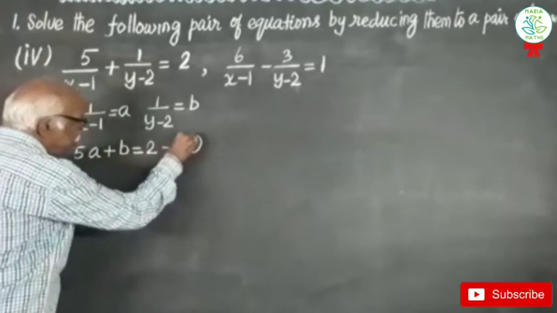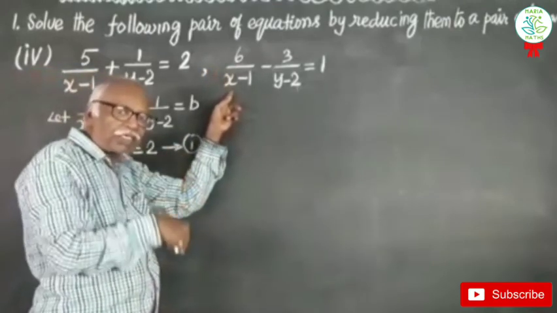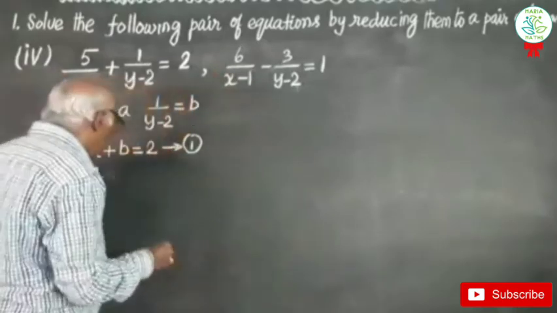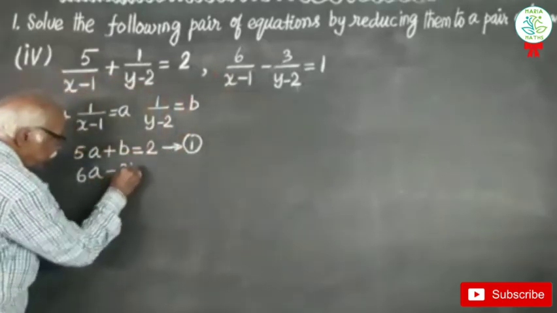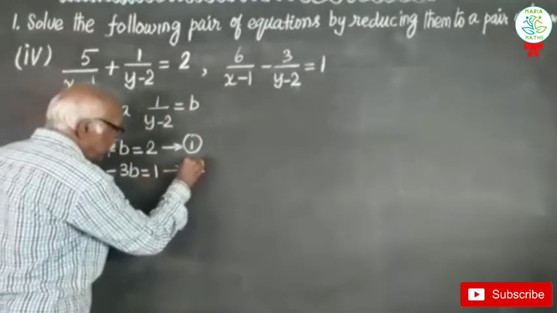Equation number 1. 6 by x minus 1 is 6 into 1 by x minus 1, so 6a minus 3b is equal to 1. Equation number 2.